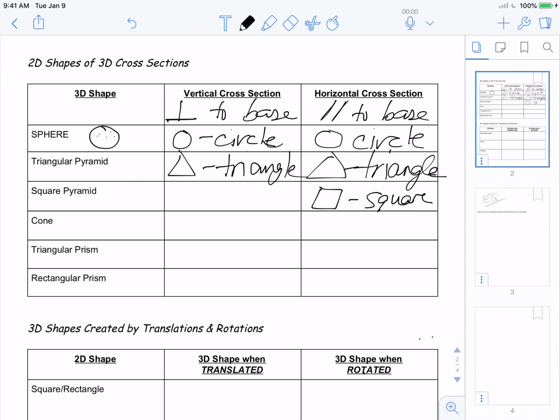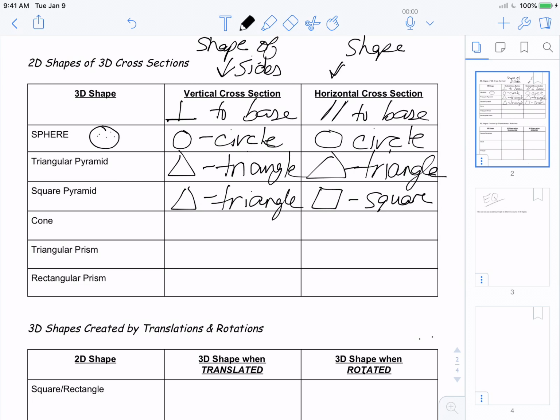And if I cut it straight up and down, that's going to give me a triangle. You may notice that the vertical is going to be the shape of the sides, and the horizontal is going to be the shape of the base.